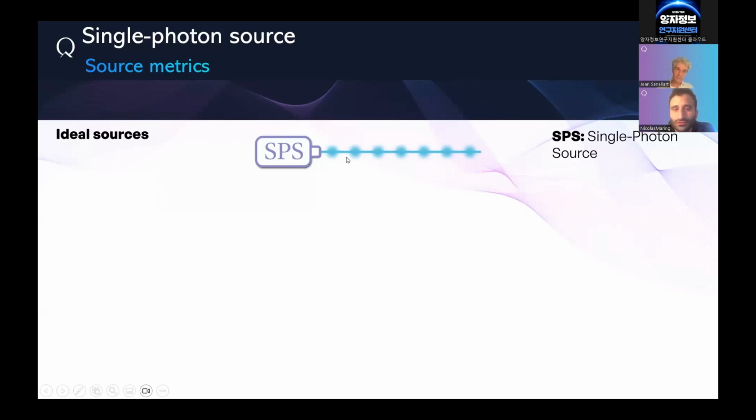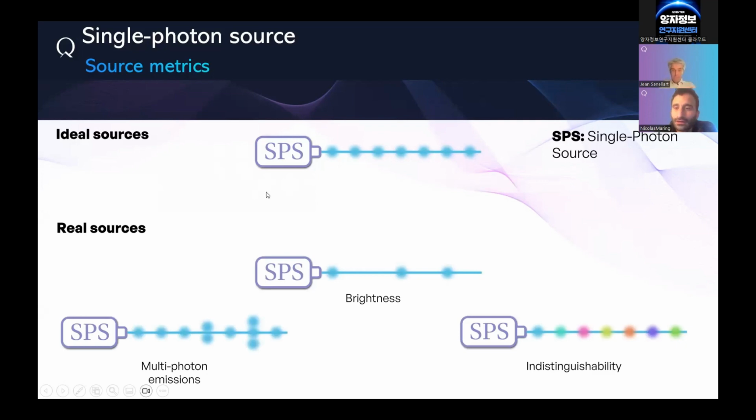So an ideal single photon source emits a photon every time we ask for one. Reality is different, so we have losses, and we can lose photons on the way. This is what we call the brightness or the efficiency of the source: how many photons do we get compared to how many times we ask for one.